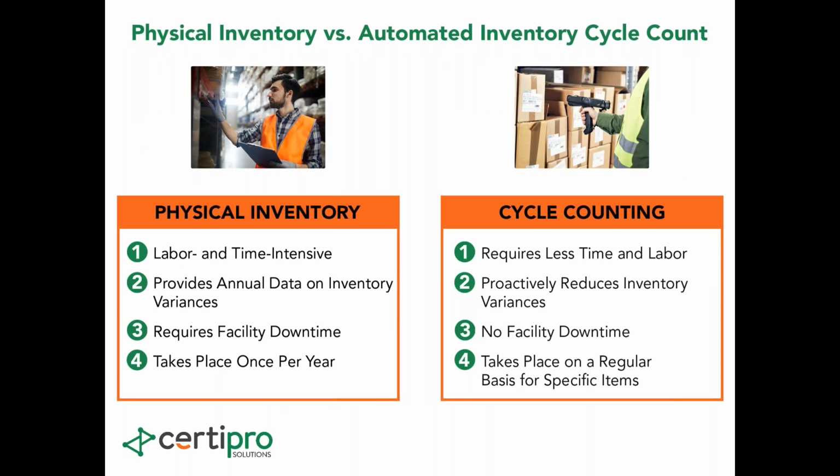In a physical inventory, companies often have to suspend operations until the counting process is complete. As we all know, closing down a business for any period of time is costly. Paying employees overtime, if that's the case, to handle a physical inventory count can add up as well. These are expenses that our automated inventory cycle count software can help businesses reduce or eliminate.